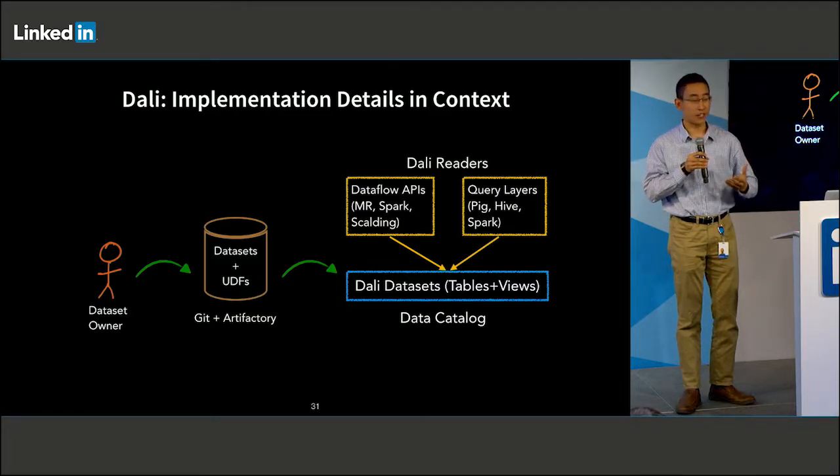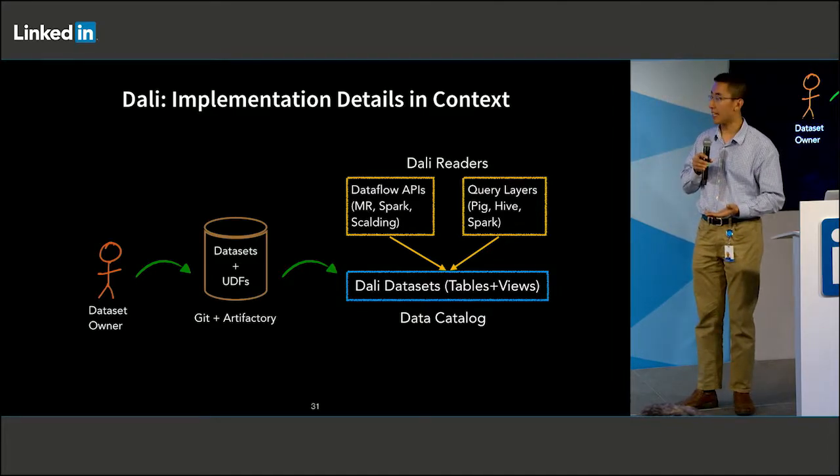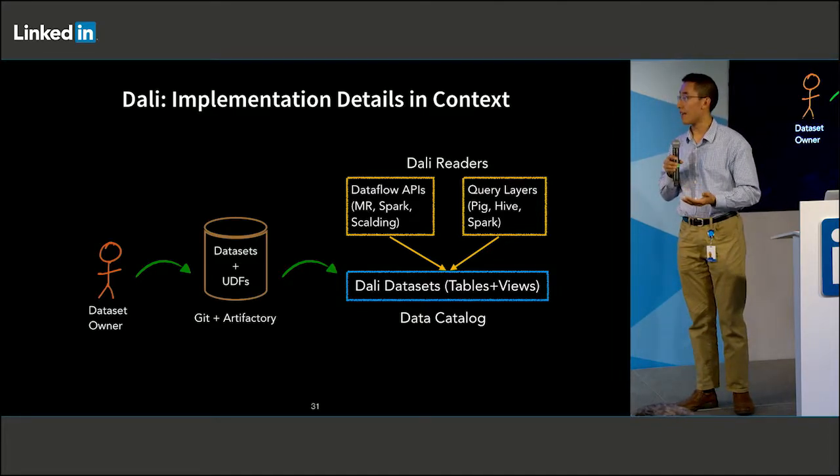And I check this in to Git, so it's tracked and it's versioned. And we have internal tooling that publishes each version to our central jar repository called Artifactory. Once that happens, we have automated tooling that deploys this to our data catalog, which is the Hive metastore.